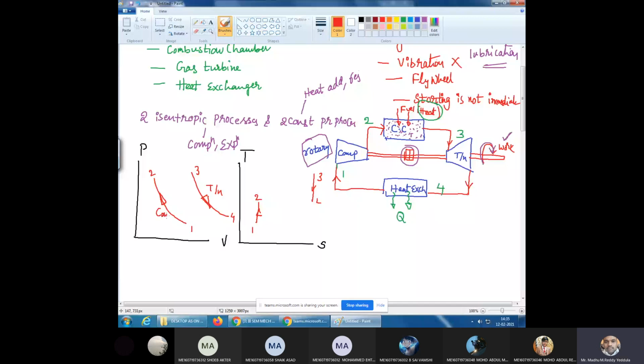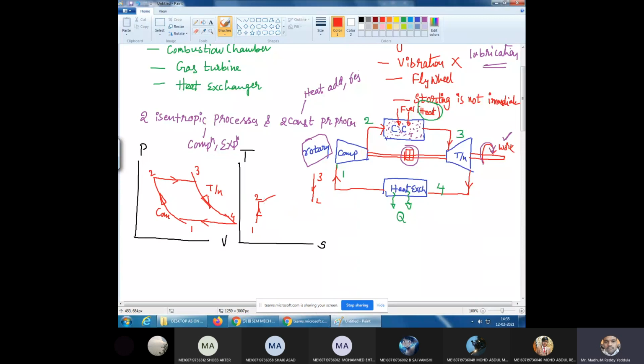Then 2 to 3 is the constant pressure heat addition. A constant pressure line in the PV diagram will be horizontal. This is 2 to 3, and 4 to 1 is the constant pressure heat rejection process. Again, the constant pressure line will be horizontal. This is 4 to 1.